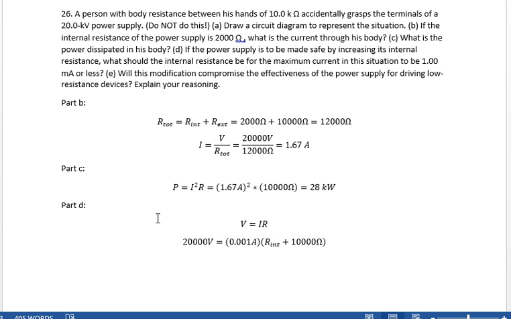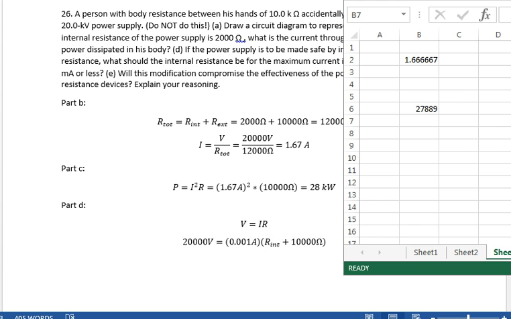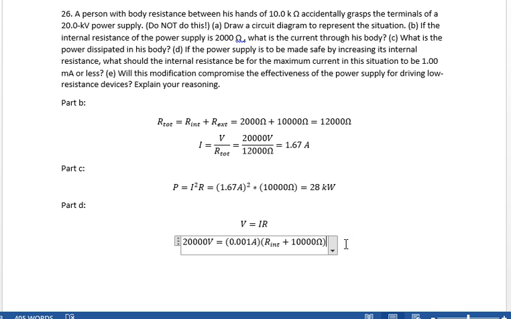So 0.001 amps times 10,000 is going to be 10 volts. So on this side we've got 0.001 amps times R internal plus 10 volts.